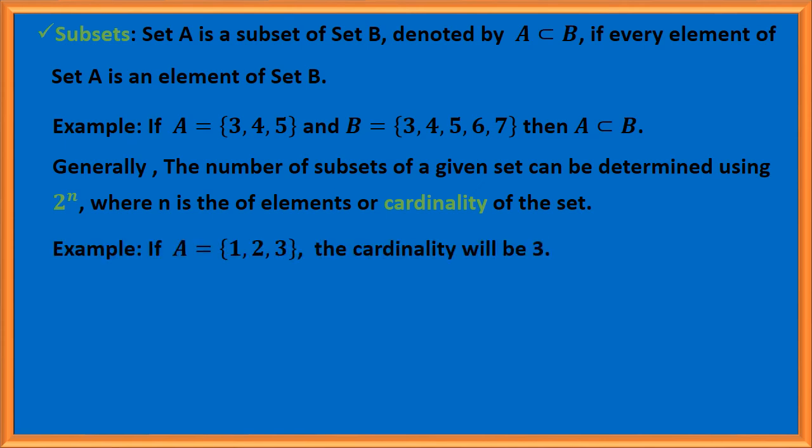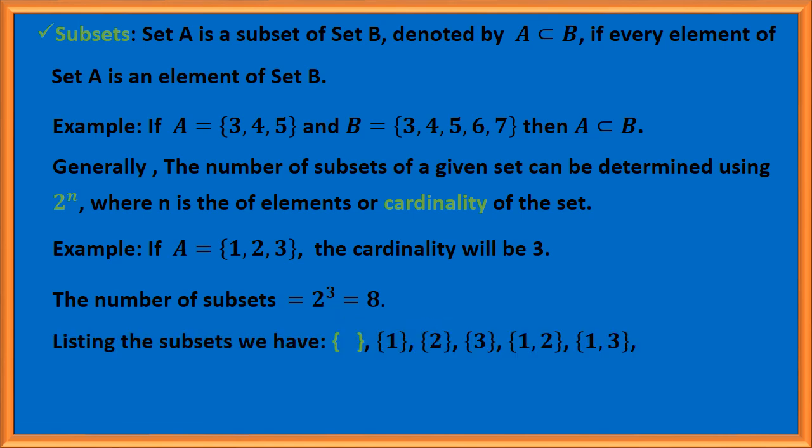Example, if we have set A equal to {1, 2, 3}, the cardinality will be 3 since we have 3 elements or 3 members. And the number of subsets will be 2 exponent 3, which is equal to 8.